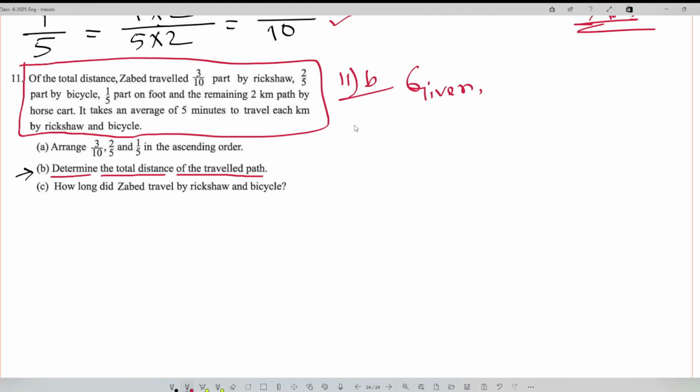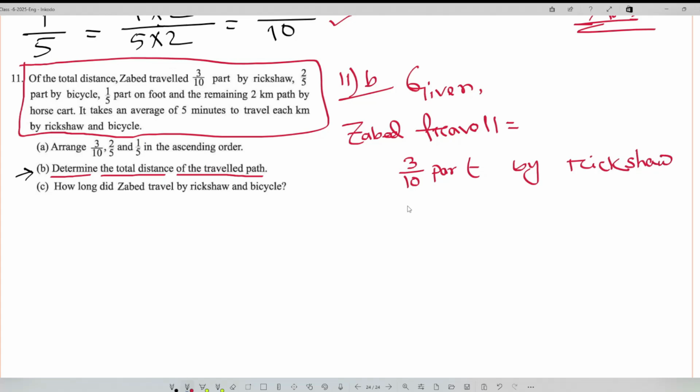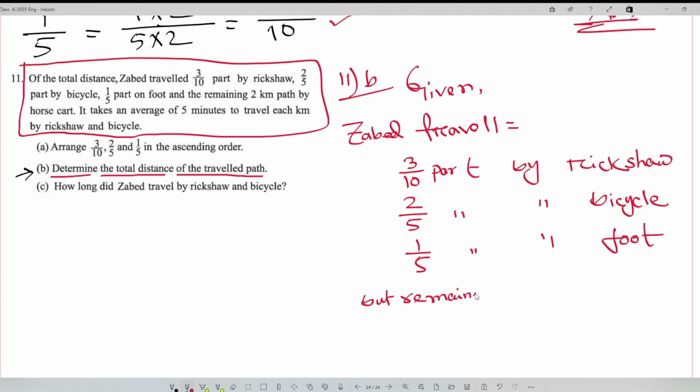Given: Javed traveled first 3/10 part by rickshaw, then 2/5 part by bicycle, then 1/5 part on foot, and the remaining part, 2 kilometer, by horse cart. Now let me find how much distance he traveled.